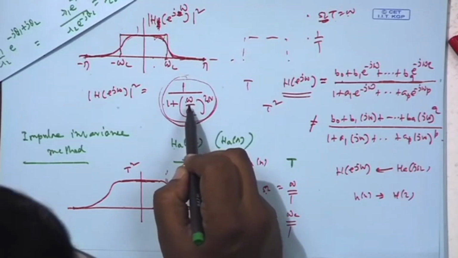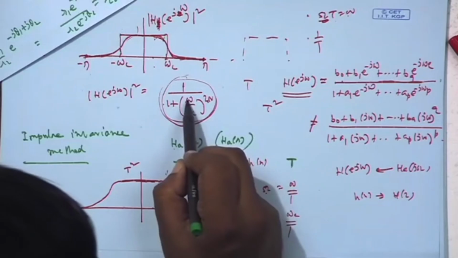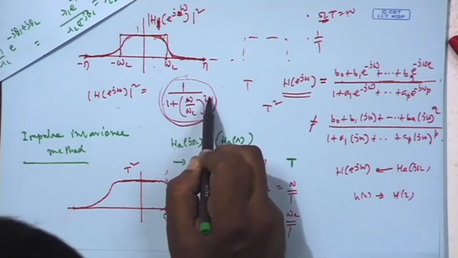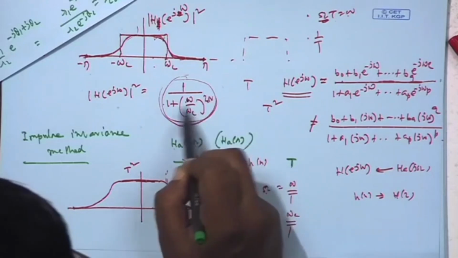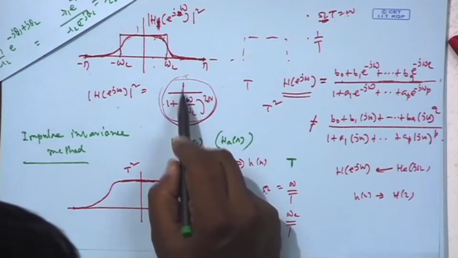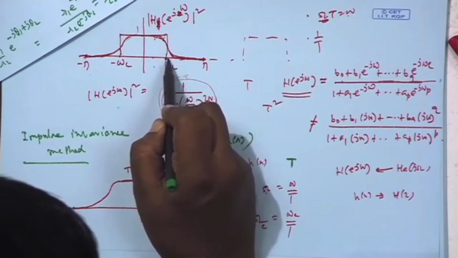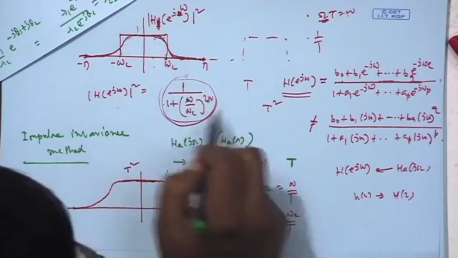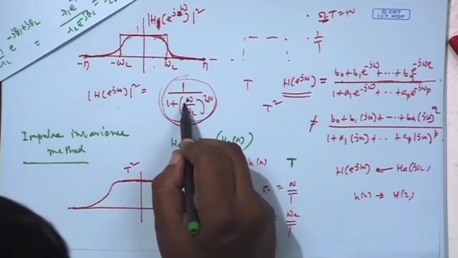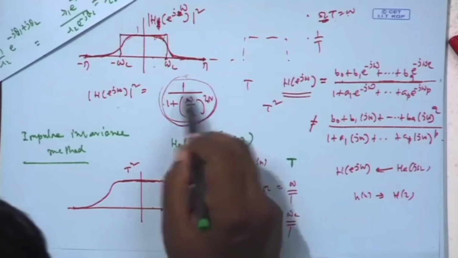If omega is greater than omega c, the ratio is greater than 1, and raised to the power 2n it is much higher than 1. So you ignore the 1, and 1 by this quantity is almost 0, so it falls down rapidly the moment I cross omega c and becomes 0. On the other hand, if omega is less than omega c, the ratio is less than 1, so raised to the power 2n it will be much less than 1.